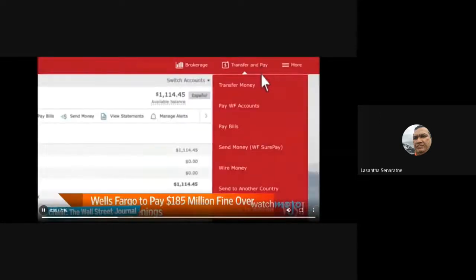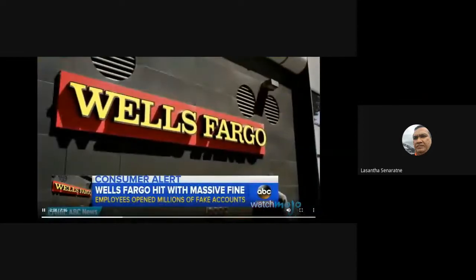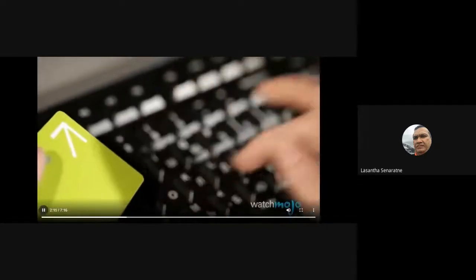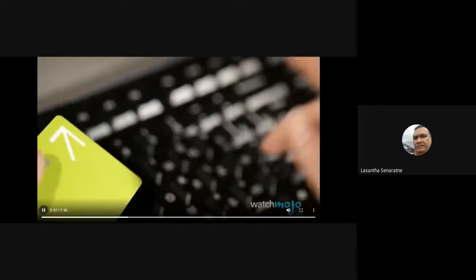Number 4. How was the fraud committed? In September 2016, it was revealed that employees at Wells Fargo had been covertly creating and operating extra bank accounts without customer authorization. An investigation found that at least 1.5 million bogus accounts and over 500,000 credit cards had been opened since 2011 without customers' knowledge.